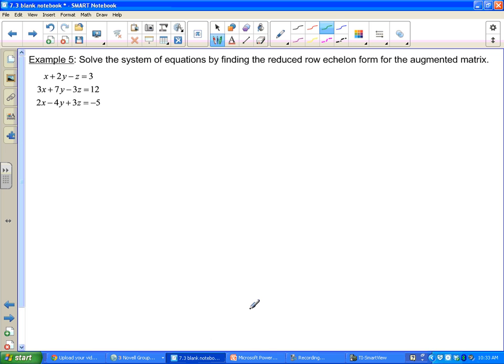Now let's do a reduced row echelon form for the augmented matrix. So this time our goal is slightly different. This time we want 1 0 0, 0 1 0, 0 0 1, and then these should be numbers. So that's just going to mean that we have to do a little bit more work than what we did last time, which, hey, no big deal.